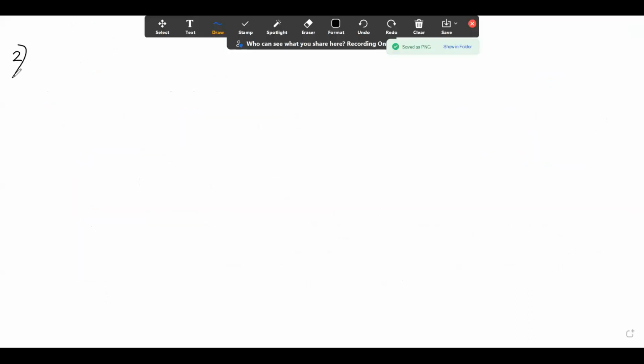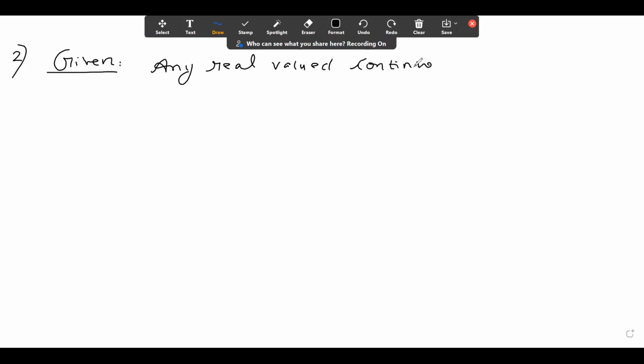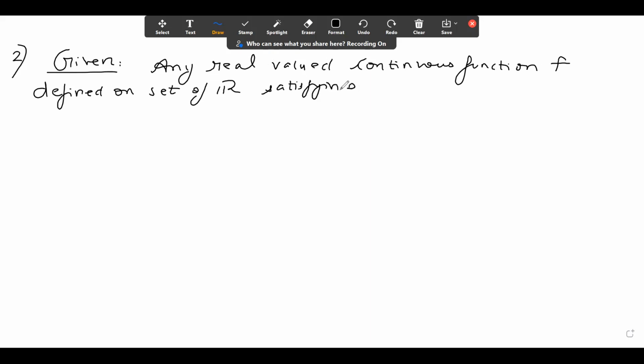So we are now looking at question number 2. Quickly writing what is given to us. We are given any real valued continuous function f defined on the set of all real numbers satisfying f of f of x is equal to x for all x belonging to real numbers.